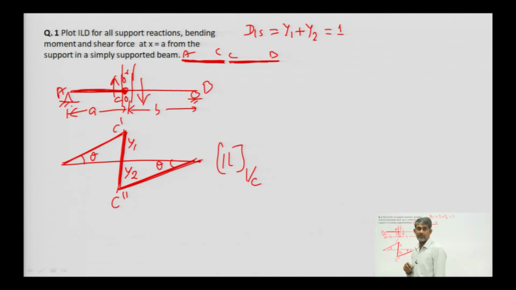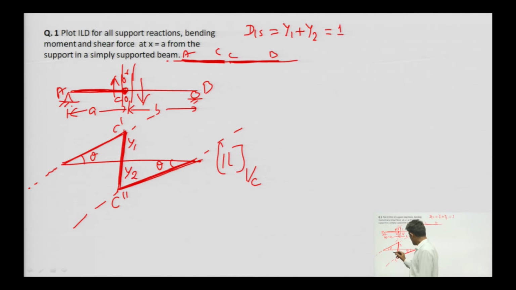Initially the line of action was the same, and if the displacement has to be provided, then that member and that member should be parallel with each other. Compatibility condition will not alter while providing the unit displacements.